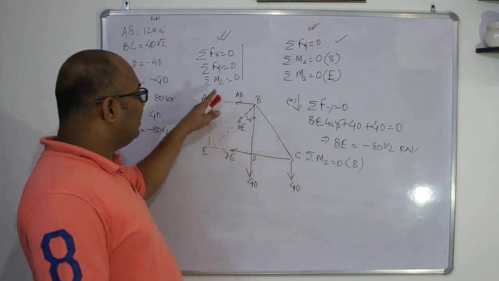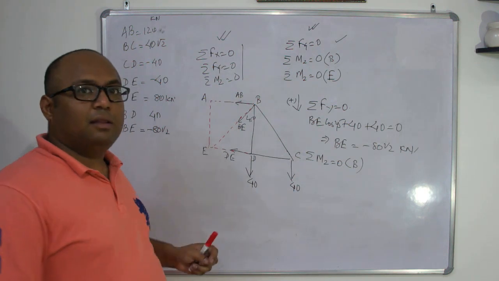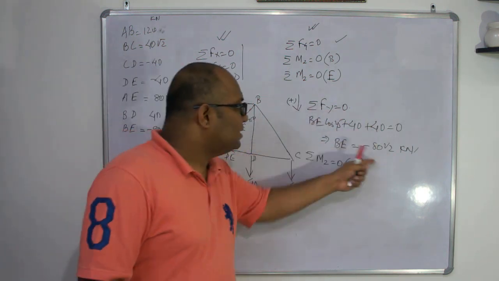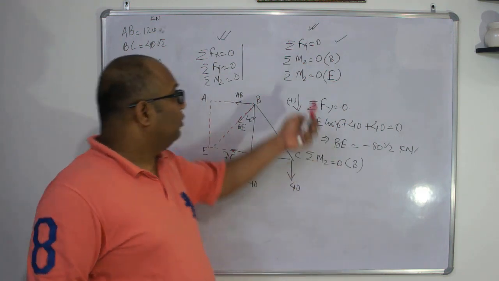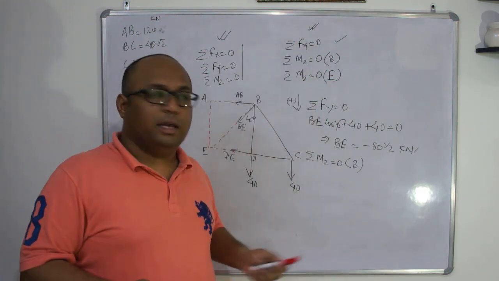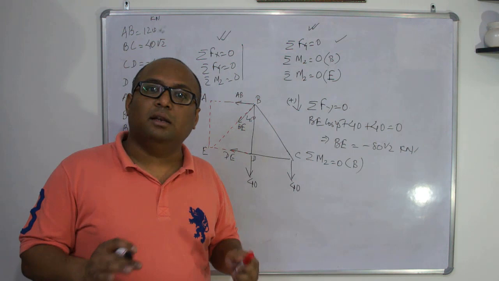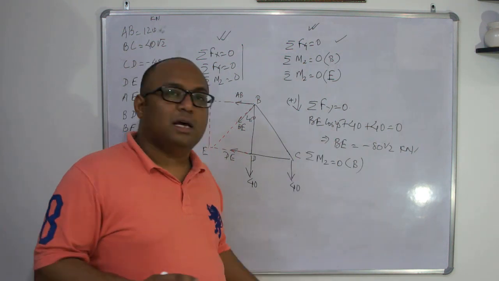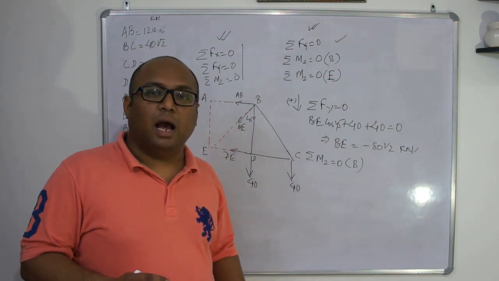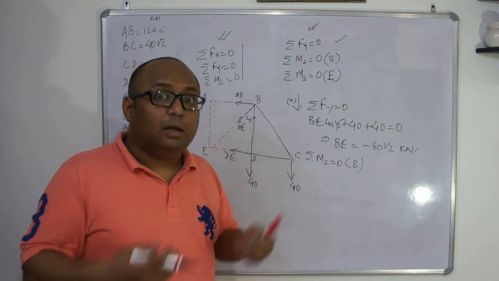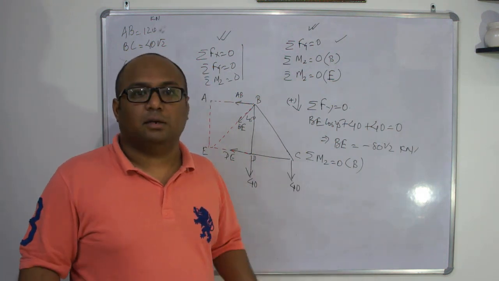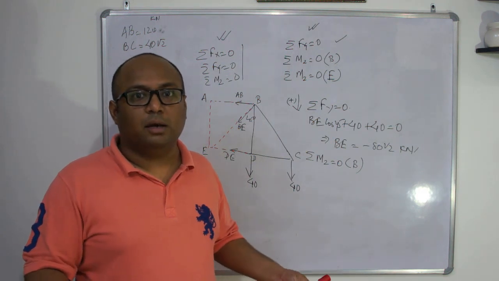If I go for summation Fx, I may need other values. And if one of the answers is incorrect, the other answer is bound to be incorrect. But if you use this combination over here, then all the three equations are independent of each other, and even if you have made a mistake somewhere in one of them, the other portions will become correct or may be correct. Okay?